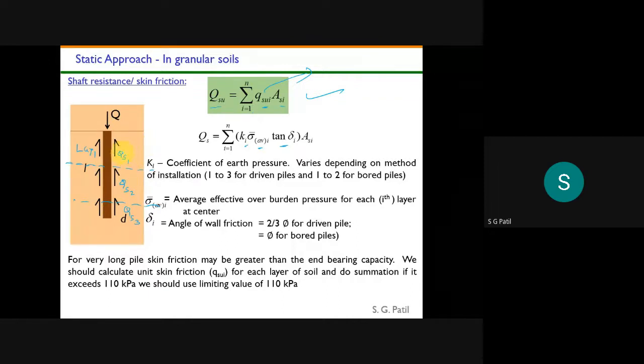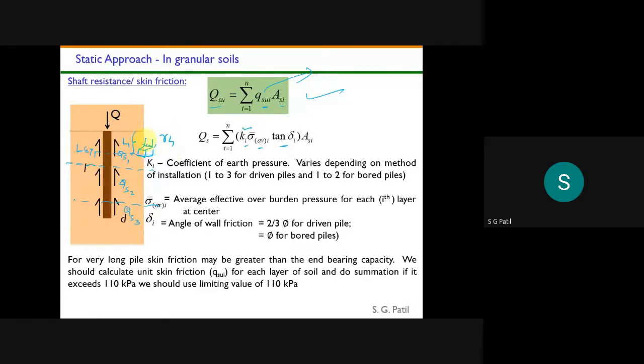Suppose I'm calculating at this level. What I have to do is take it at the middle of the soil layer, and at the middle of the soil layer I have to take the overburden pressure at this level. At this level, what is the overburden pressure? That is like your vertical stress. If you multiply that with your earth pressure coefficient, then what will happen? See, suppose I take a small soil sample here. What is your vertical stress here? The vertical stress is nothing but gamma times the length. Suppose this length is some L1.